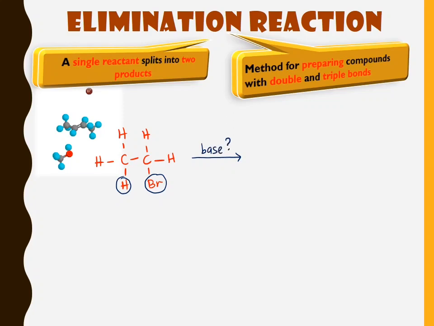You will learn it in chapter 5. The product that forms here is CH2, I write it in condensed structure. So no more HBr here and a double bond will form, plus HBr as the side product. So from one reactant form two products. So this is elimination reaction.